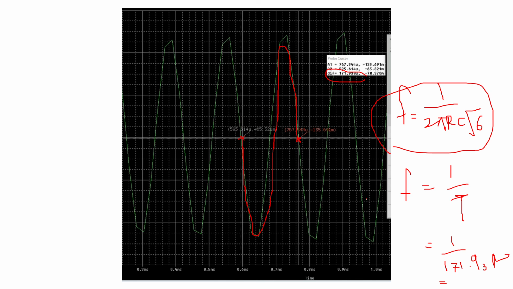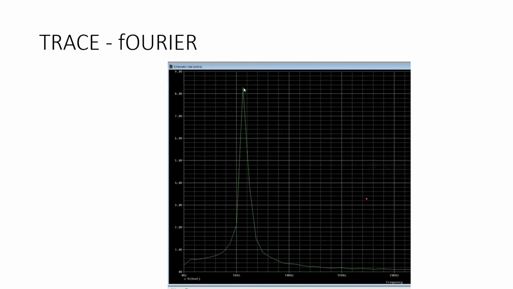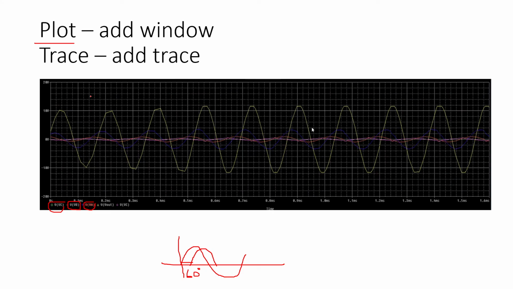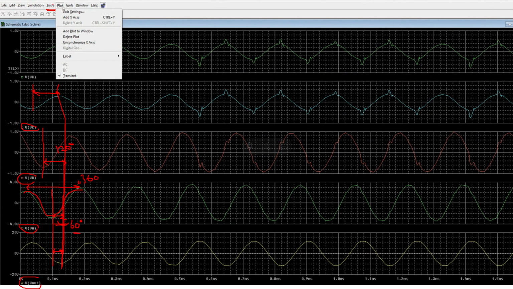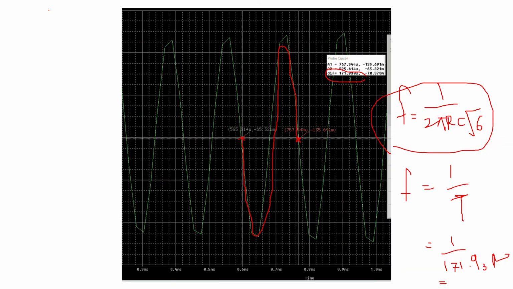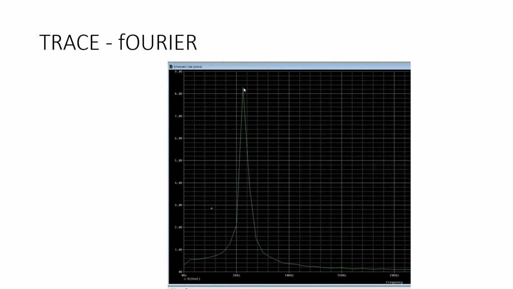Alright, there is one more way to do that. Go to the trace, and there is a Fourier. You can change from time domain to frequency domain. Why? We want to check the peak frequency here.